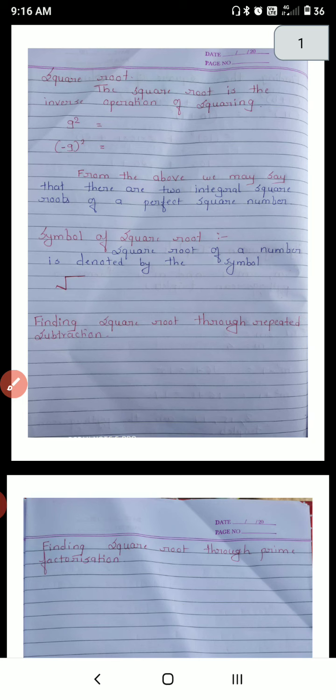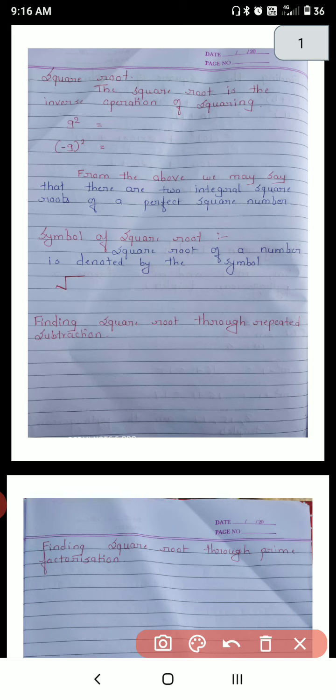Now finding square root through repeated subtraction. In the previous class I explained that when we add consecutive odd numbers, we get the square of a number. So now from the square of a number, we will find the number whose square is given to us.